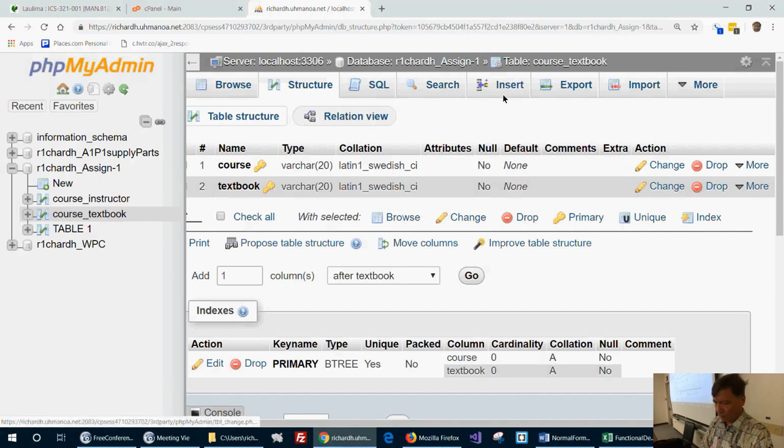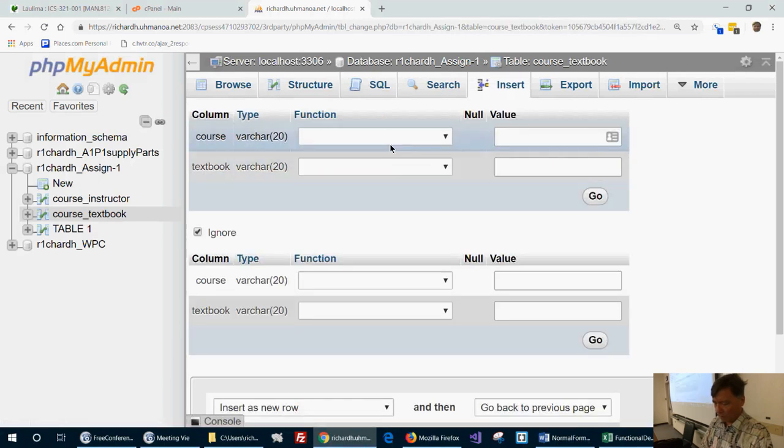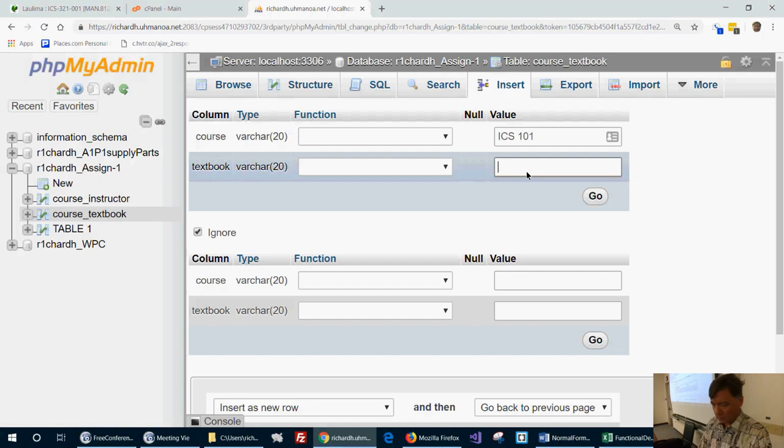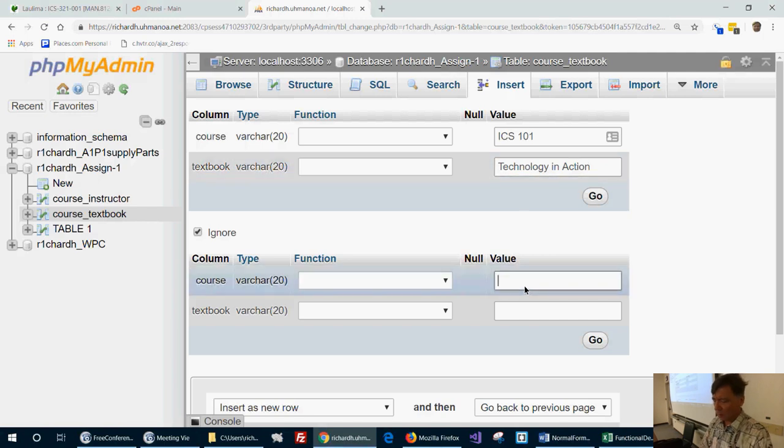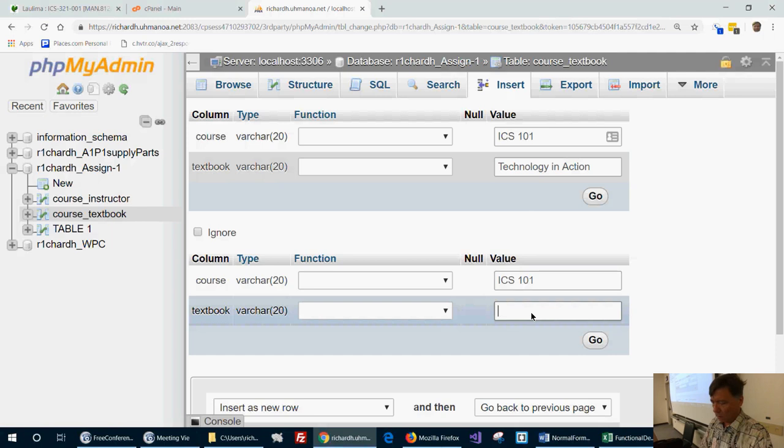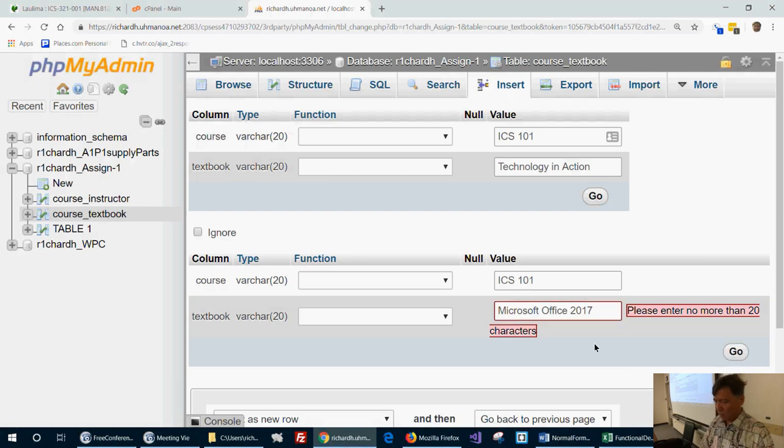And for this one, I'm going to insert ICS321, technology in action, whatever the name of that textbook is, ICS321, Microsoft Office 2017 or something like that. I don't know how far it is, where we are on that.